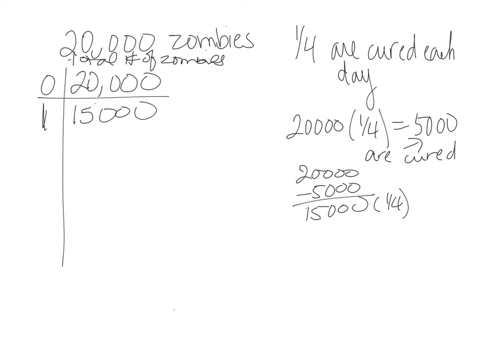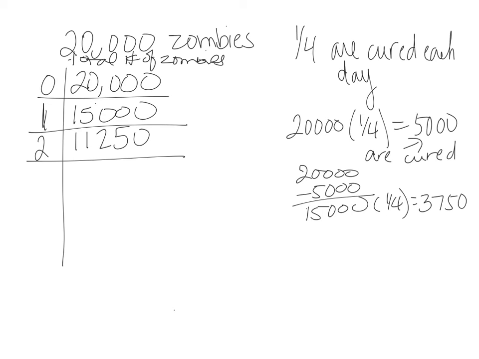Now, some of you found an easier trick because you don't like the multiplying and subtracting over and over. This is 3750, and then 15,000 minus 3750 gives us how many we have left on day 2, 11,250. And we have to keep going that way, multiply by 1/4, subtract from how many there are. That's how you get the correct table.